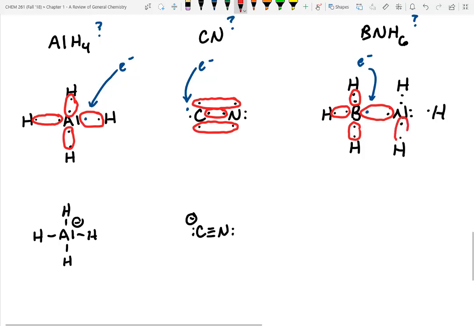It can bond to this hydrogen through a pair. It can bond to this hydrogen with a pair. And then over here, what we're going to do is pair up this hydrogen. We know we have to make a bond, so we've got to do that. However, this electron right here is over the octet rule, so we're just going to pluck this out and remove it. So let's go ahead and draw the Lewis dot structure.